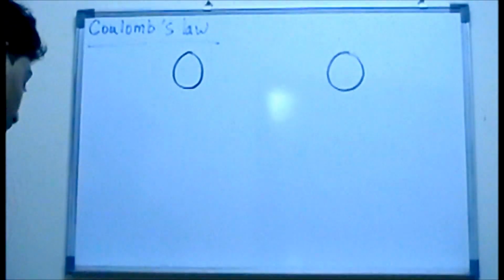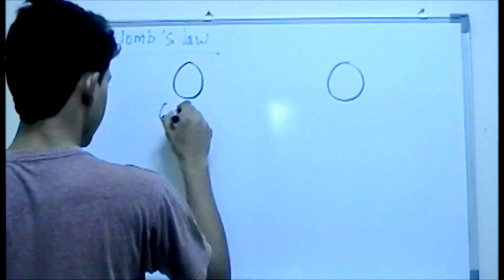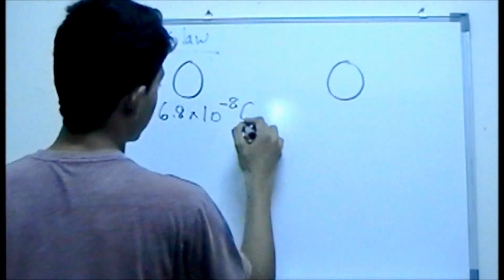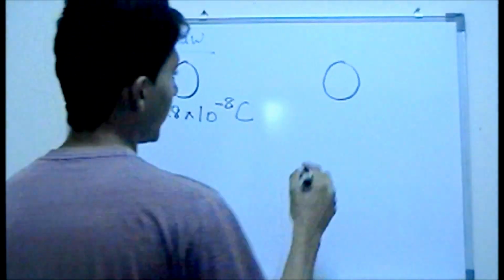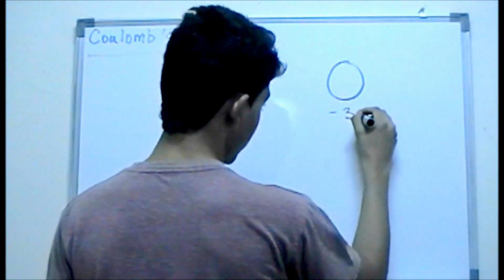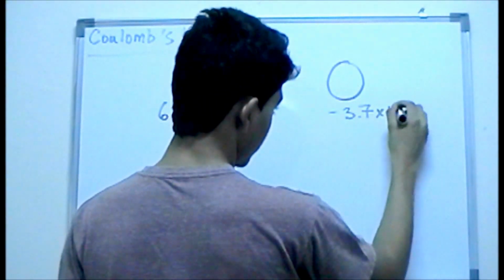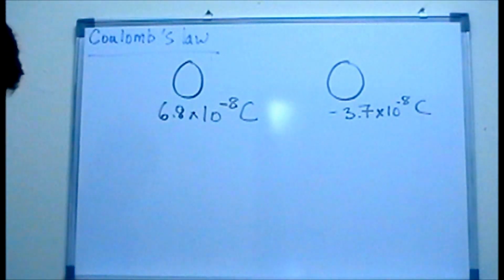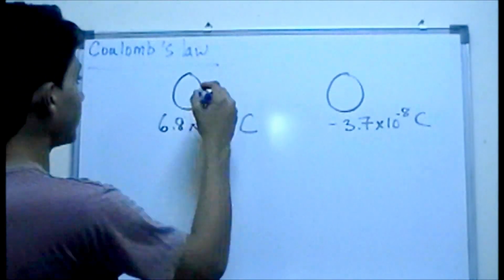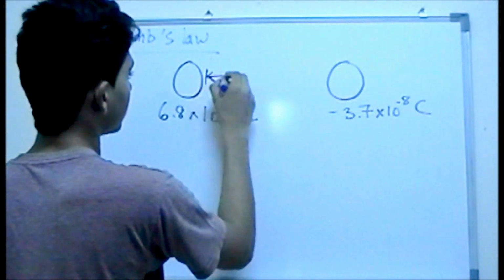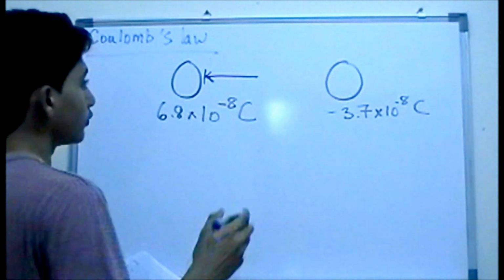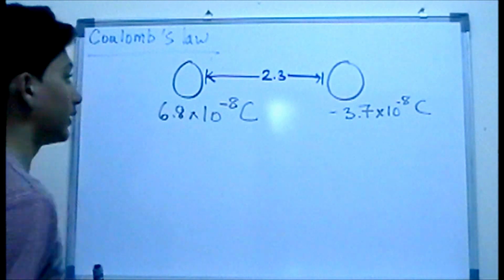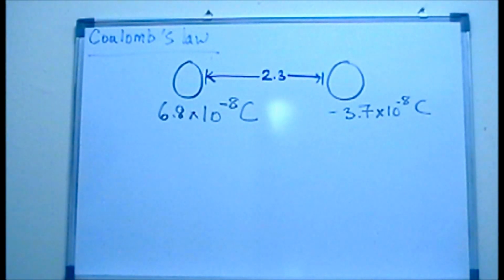The charge of this object is 6.8 times 10 raised to negative 8 C, and the charge of this object is negative 3.7 times 10 raised to negative 8 C. The distance between the objects is 2.3 meters.